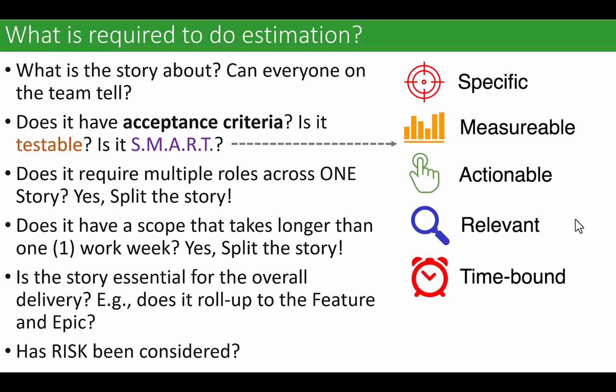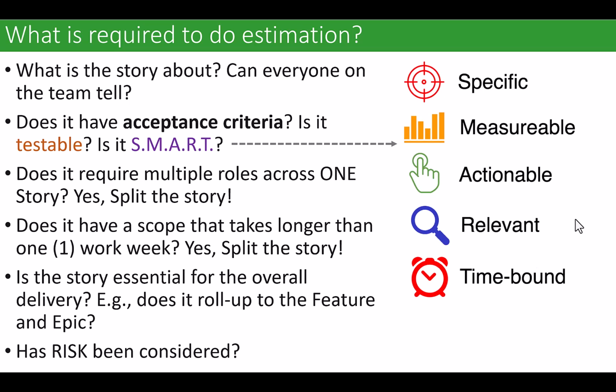Is it smart? I've seen requirements that say, like, make it like better, dude. Like, okay, like awesomely rocking. That is not a reasonable user story. And there are other videos on how to make good user stories and do product management and stuff like that. I just want to point out that you cannot estimate what you don't understand.